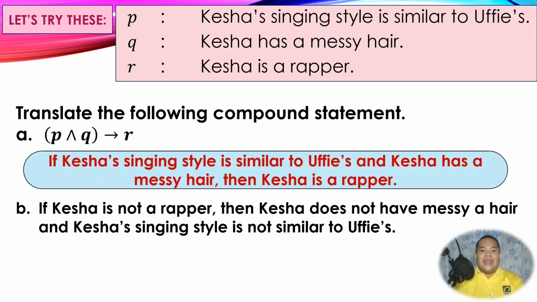Correct. The answer is if Keisha's singing style is similar to Offset and Keisha has a messy hair, then Keisha is a rapper. B. If Keisha is not a rapper, then Keisha does not have a messy hair, and Keisha's singing style is not similar to Offset.